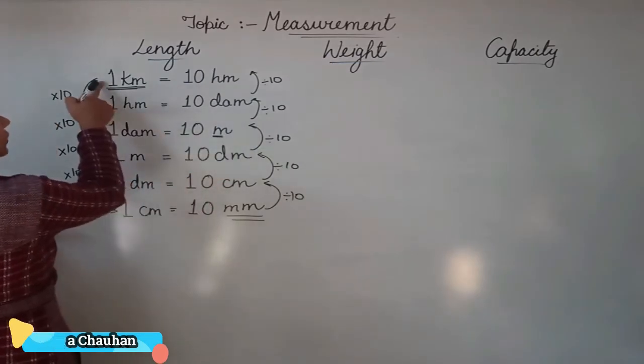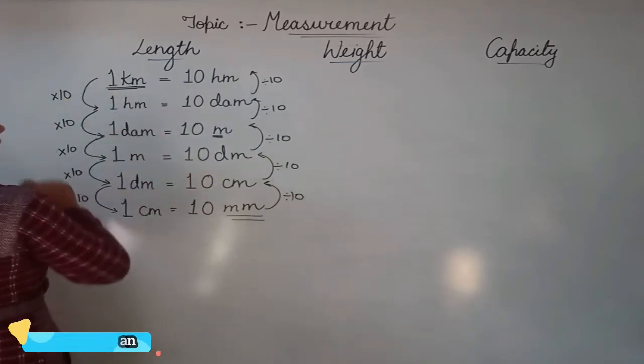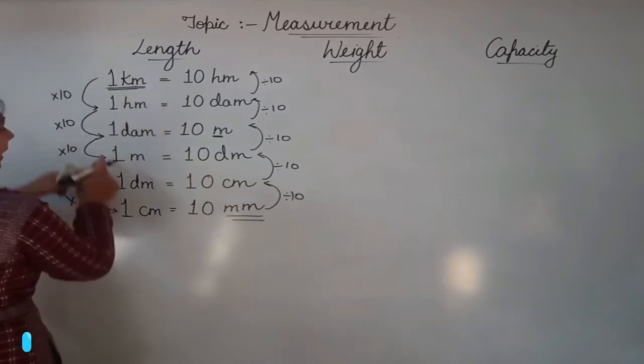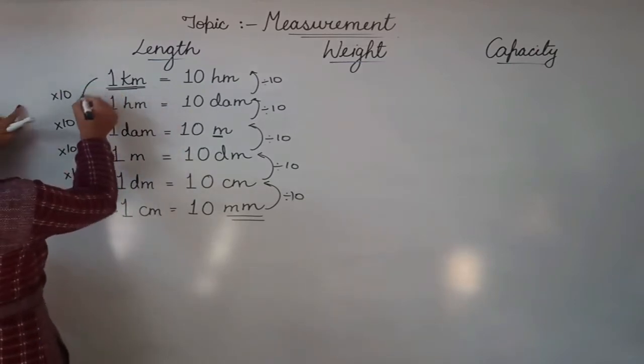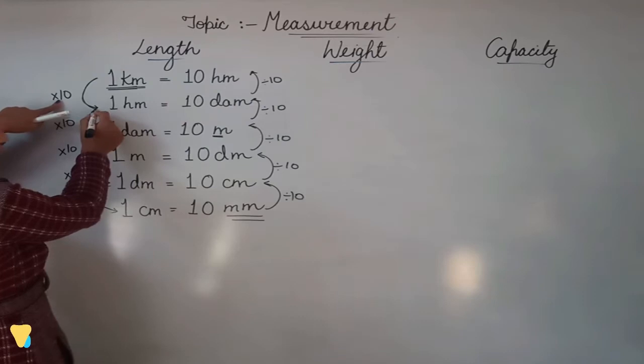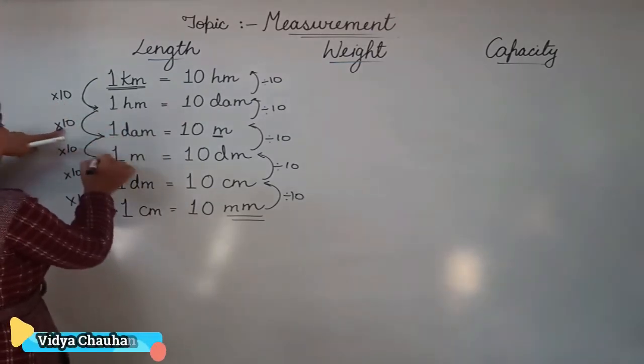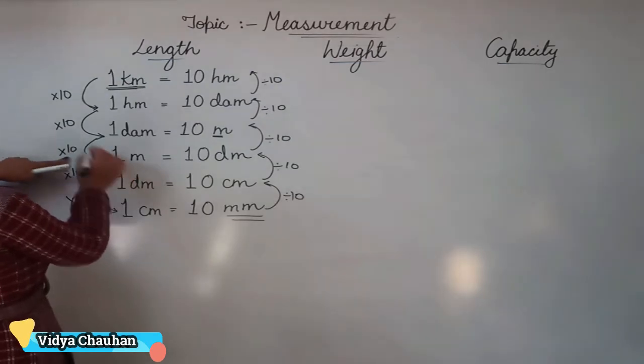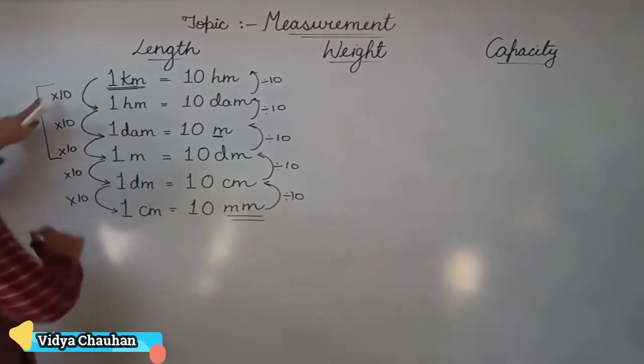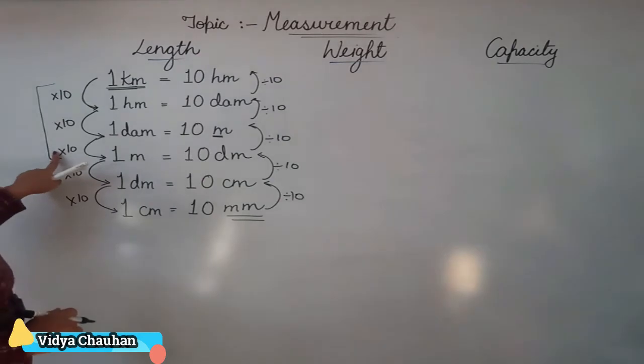So if I compare here, kilometer to hectometer is one 10, hectometer to decameter is one 10, and decameter to meter is one more 10. So how many 10s are there? Multiply by 10, multiply by 10, multiply by 10.